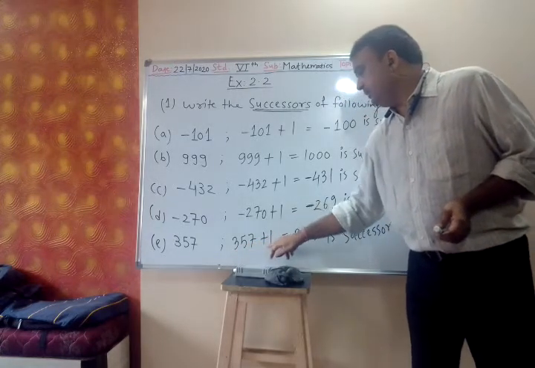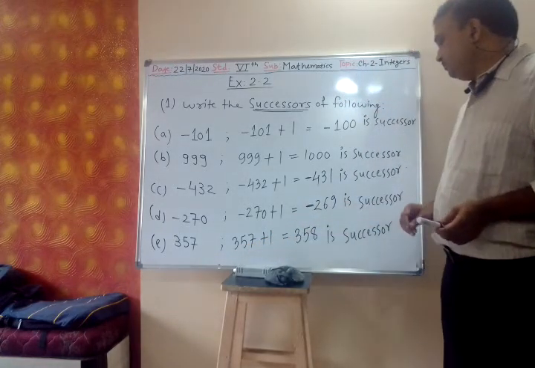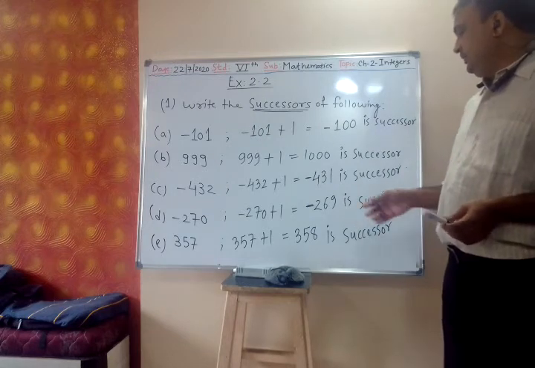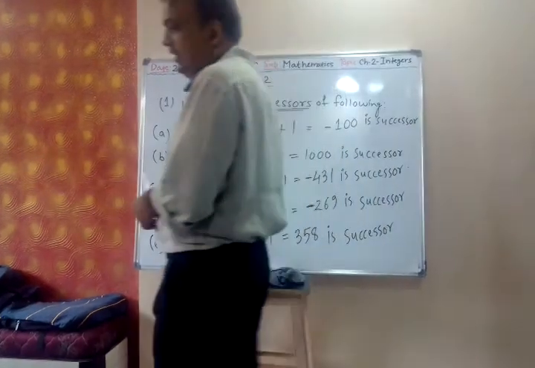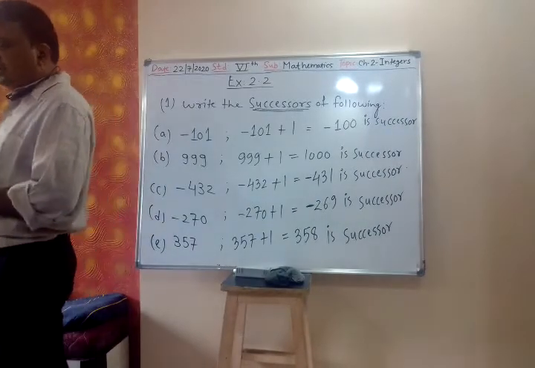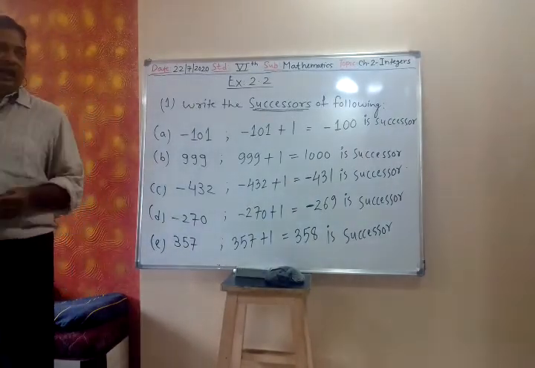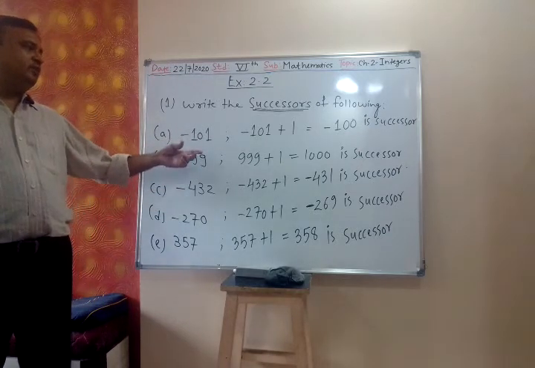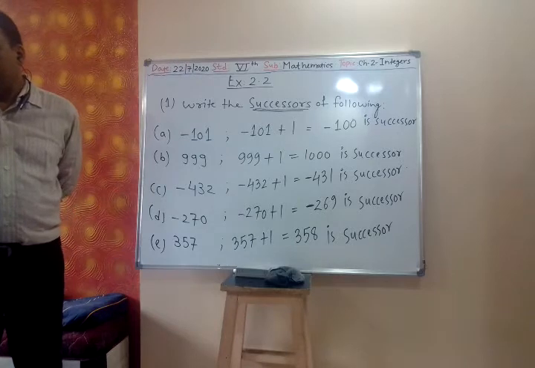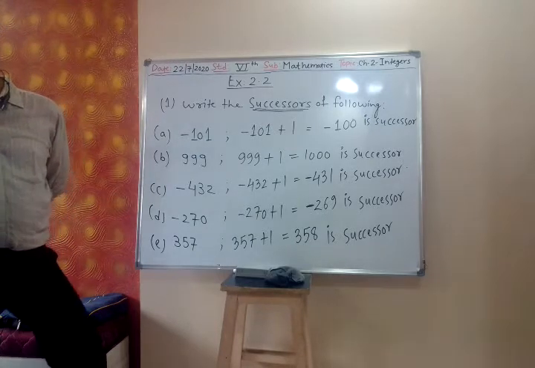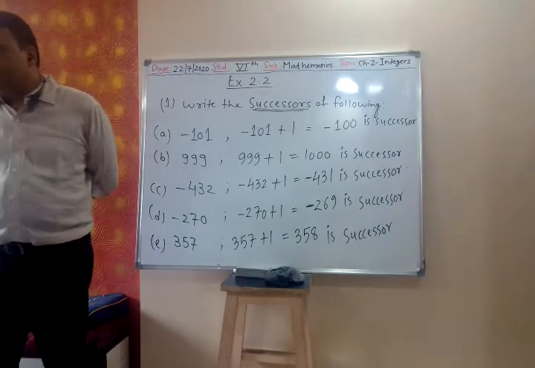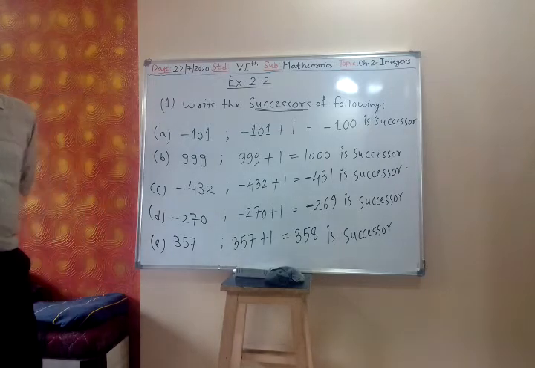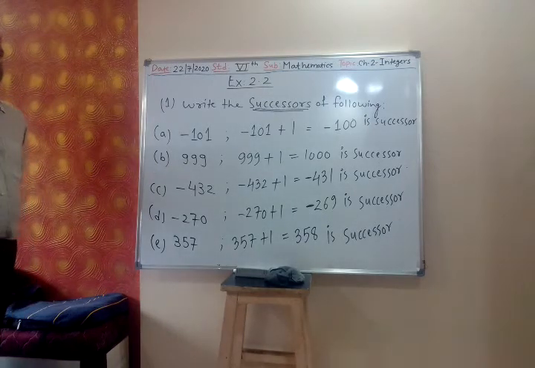Next, 357 plus 1 is 358, and 358 is the successor. To find the successor of any number, we add 1 to the given number.